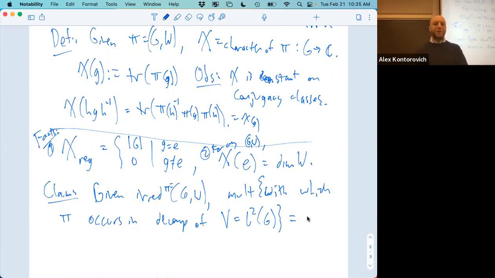And what is the multiplicity with which it occurs? It's exactly the dimension of the representation.